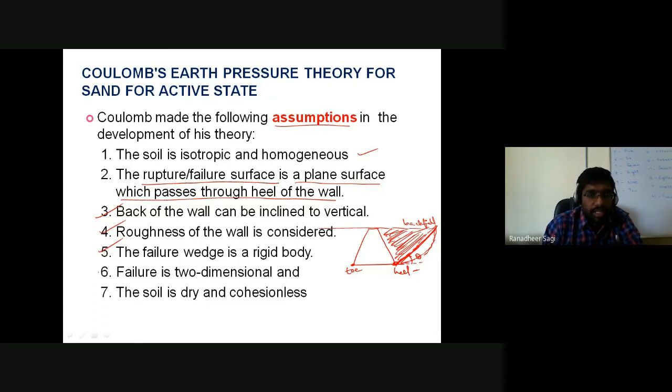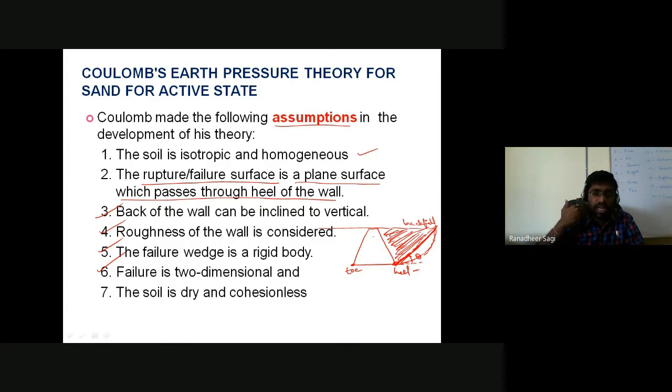And let's look at some other assumptions. The failure we are looking at is a planar failure surface, and this soil wedge is only in a two-dimensional plane. We are not looking at the soil wedge in three-dimensional space. We are representing the failure surface only in a two-dimensional plane, assuming that the soil undergoing the failure extends over a relatively long distance in the length direction.